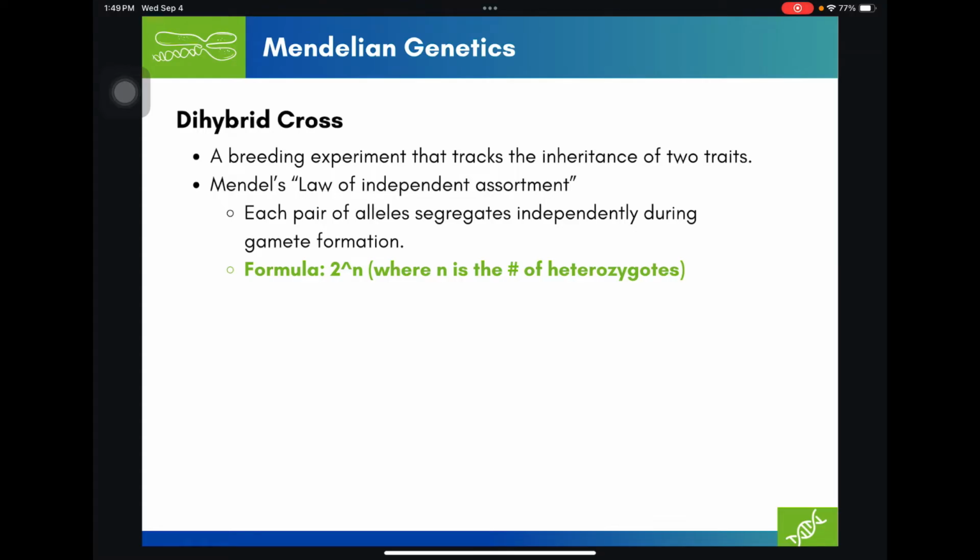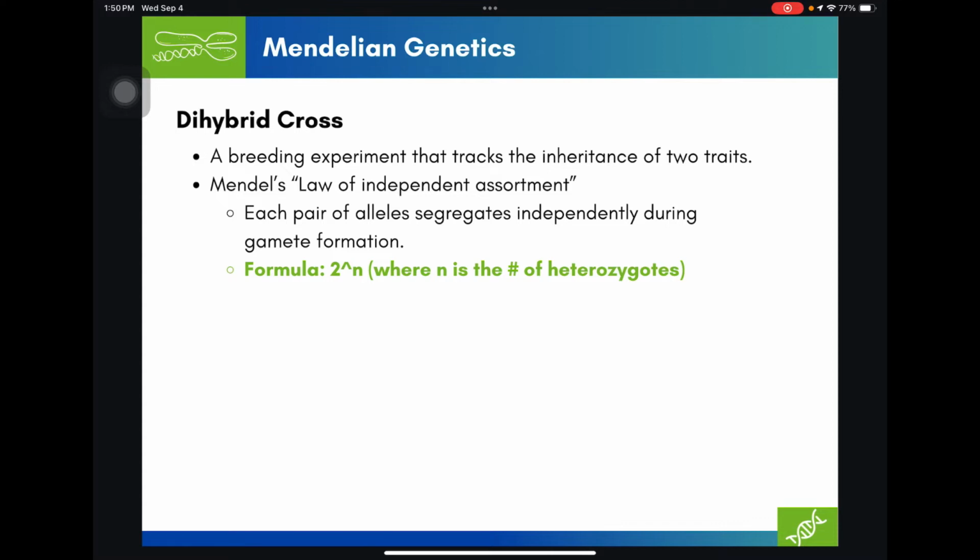The dihybrid cross is a perfect example of the law of independent assortment, wherein each pair of alleles segregates independently during gamete formation.